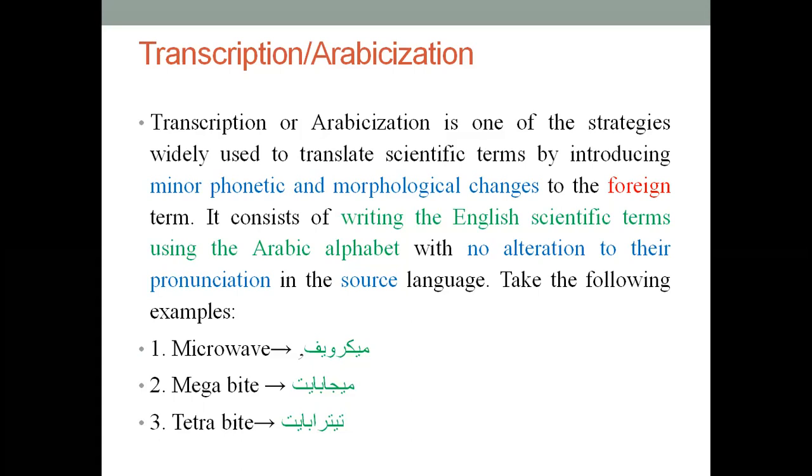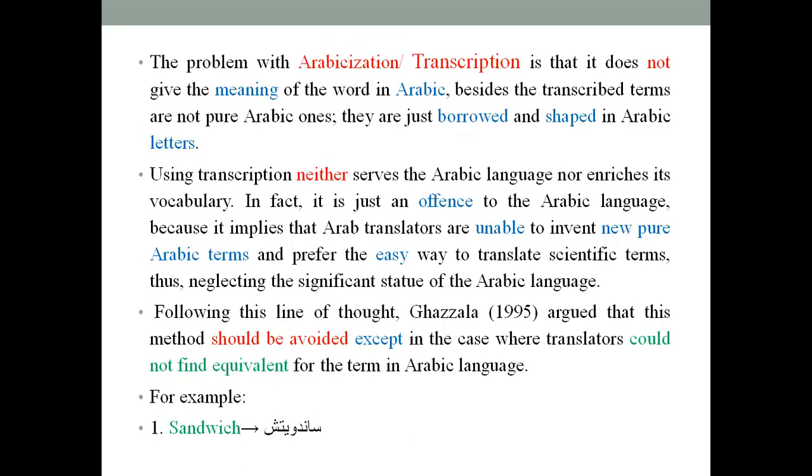The 'v' sound is rendered as 'f', because the 'v' sound does not exist in Arabic. So we make a slight phonetic change to make the English pronunciation acceptable in the Arabic language. Megabyte, terabyte, and so on.